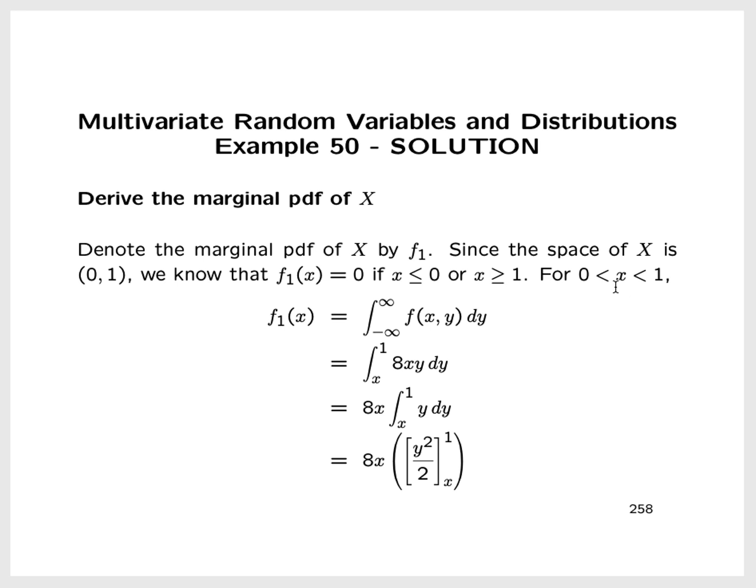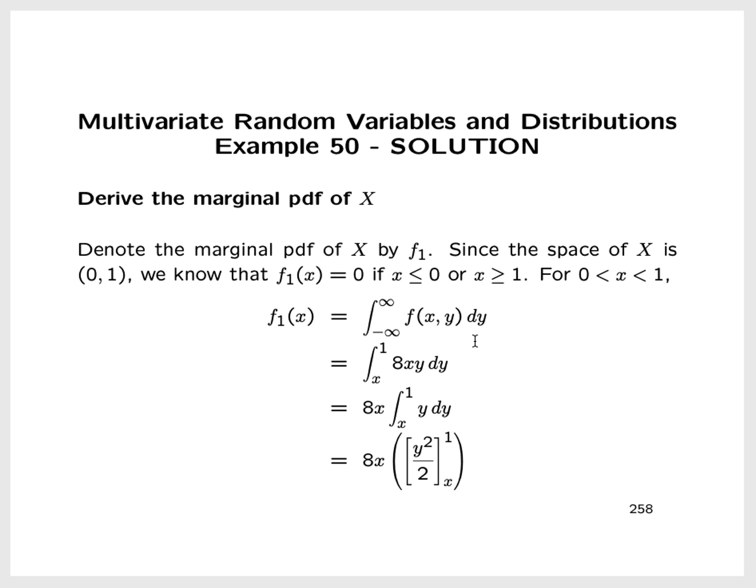For values of x between 0 and 1, we're going to apply the definition. So to obtain the expression for the marginal PDF at such an x, we're going to integrate the joint PDF with respect to the other variable y, and we're integrating over the entire real line.